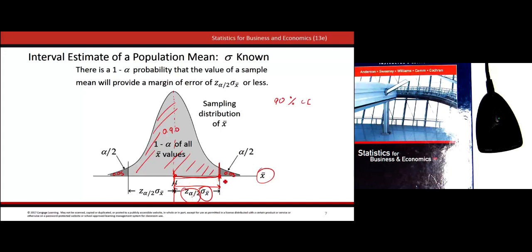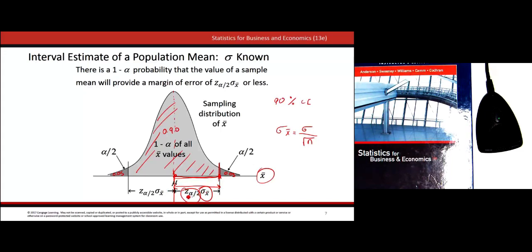This is Z alpha over 2 standard deviations away from the mean. What is the standard deviation of x bar, which is sigma x bar? It is the standard error, which is equal to sigma over square root of n. If you look at the sampling distribution of x bar, sigma x bar is sigma over square root of n.